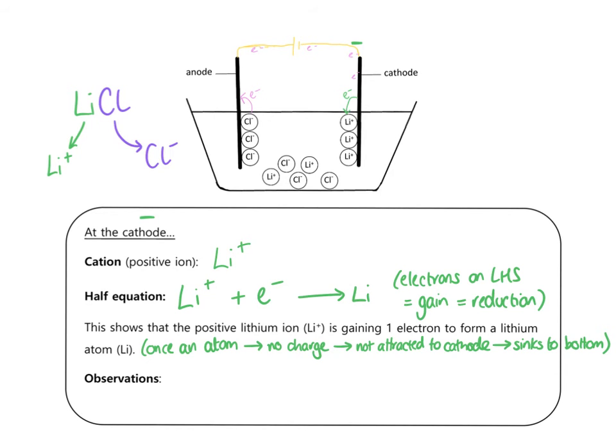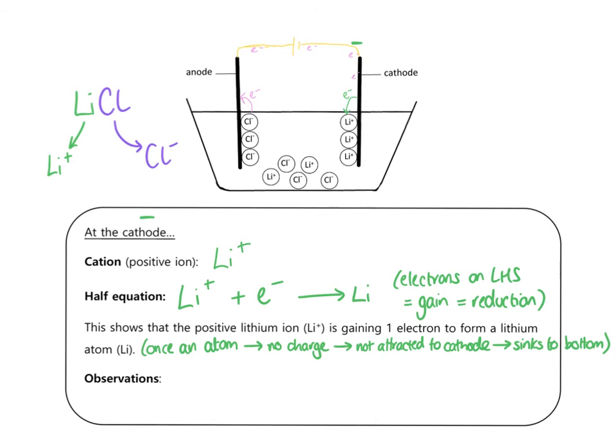So the reason why the chlorine gas escapes and why the lithium atoms then fall to the bottom of whatever container, whatever apparatus we're using for our electrolysis, is because for the chloride ions, it'll be losing electrons. For the lithium ions, it'll be gaining electrons.